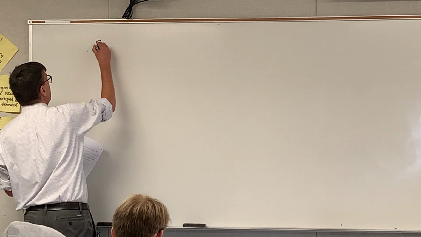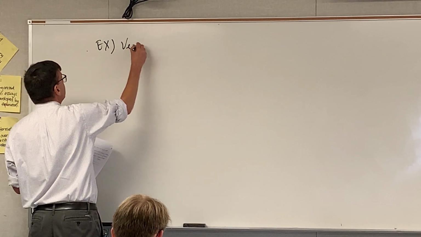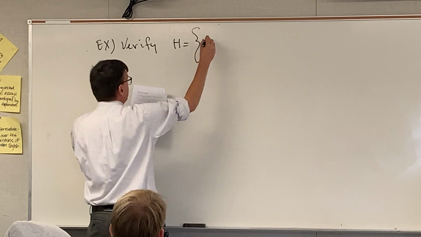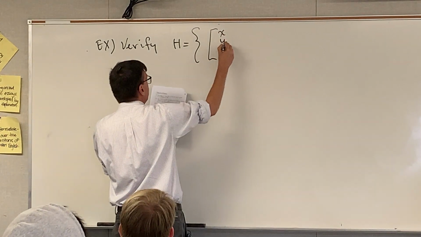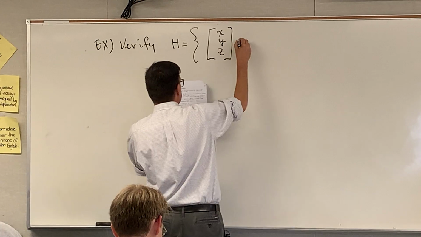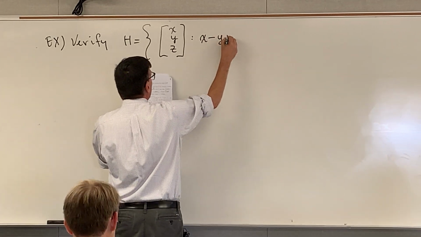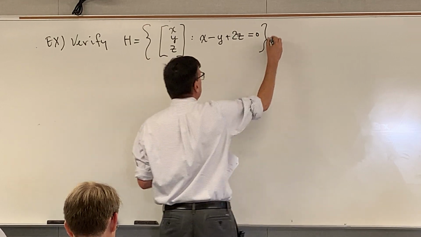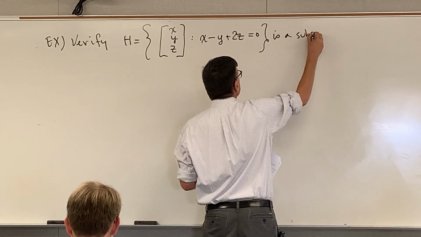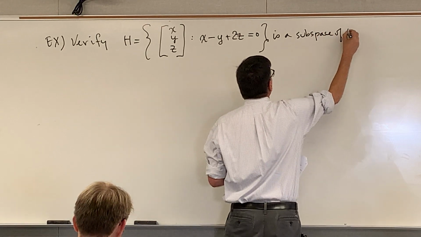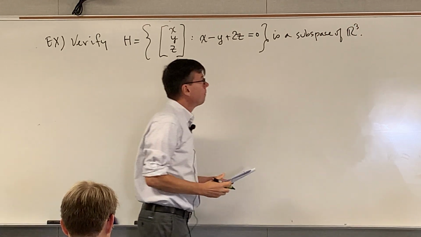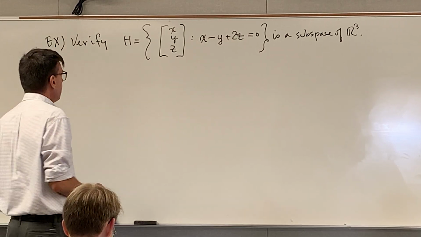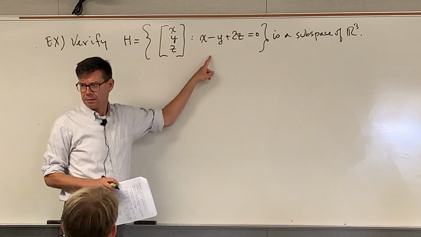So our exercise is to verify that this set of vectors, so these are a set of three component vectors, such that x minus y plus 2z equals 0 is a subspace of R3. You know what that is?